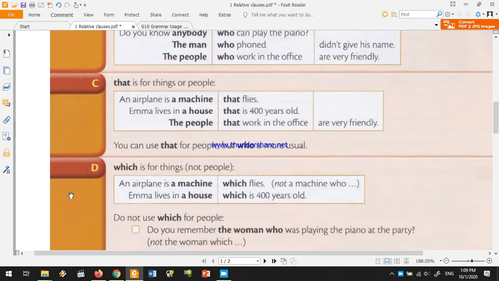For example, Emma lives in a house which is 400 years old. The original sentence was Emma lives in a house, it is 400 years old. So just to recap, remember that who is used for humans, which is used for non-humans, that is used for both.